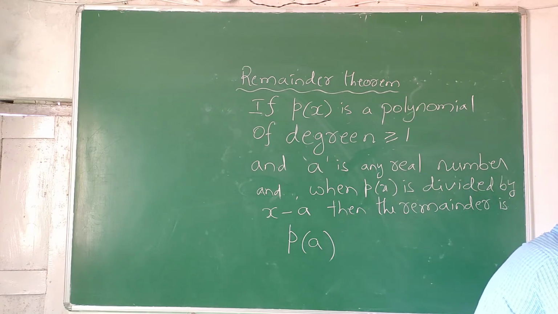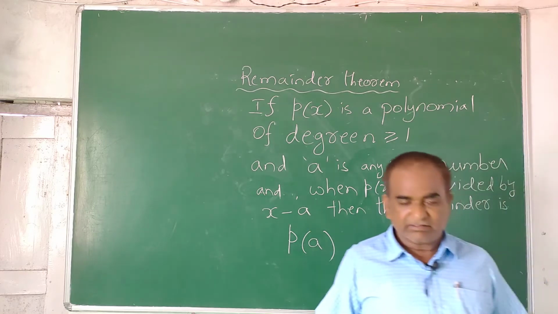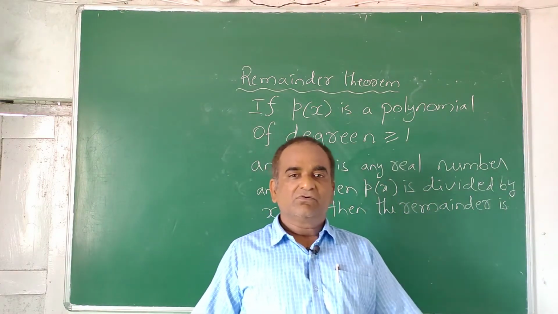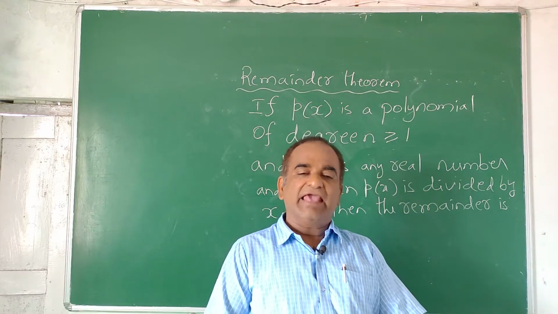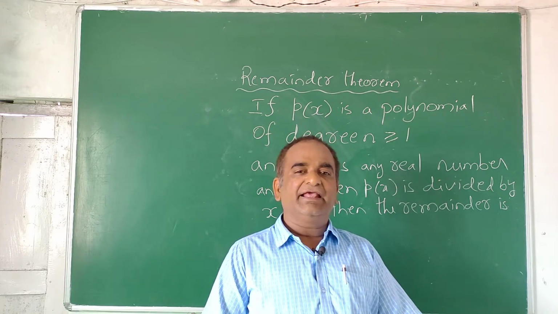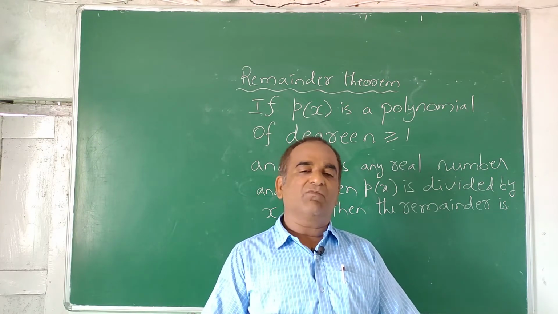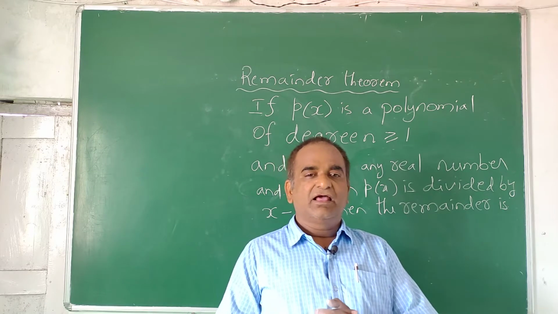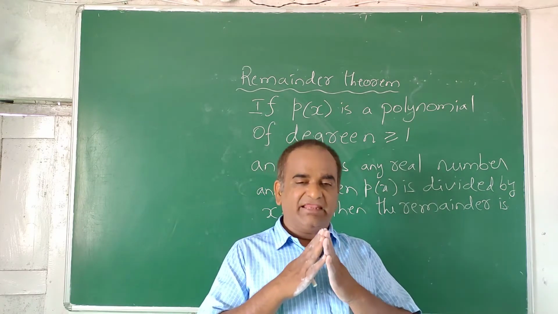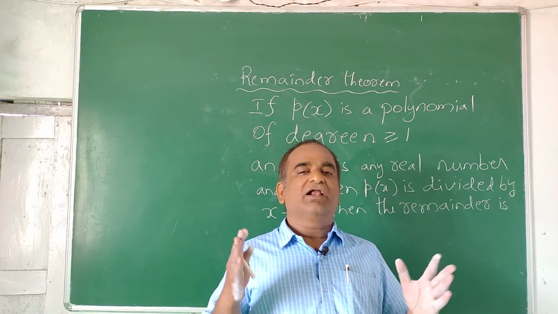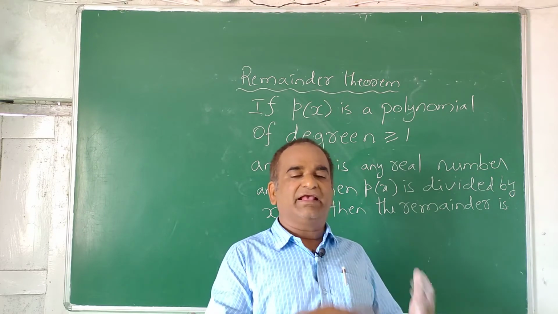Here what is happening is, there is a polynomial p of x whose degree is n, and that n is equal to 1 or more than 1. Now, for any real number a, you are dividing p of x with x minus a.